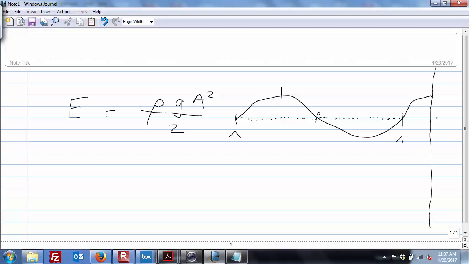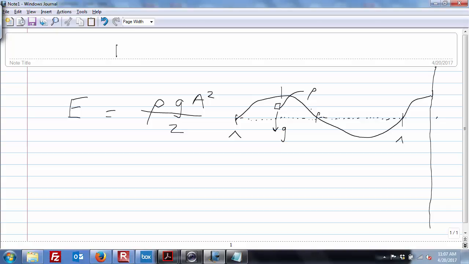Now if we've got a little chunk of water here, you have gravity acting on it, so there's your g vector, and then the water itself has some density rho, and then of course we also know our potential. I'm just going to write the two energy equations.